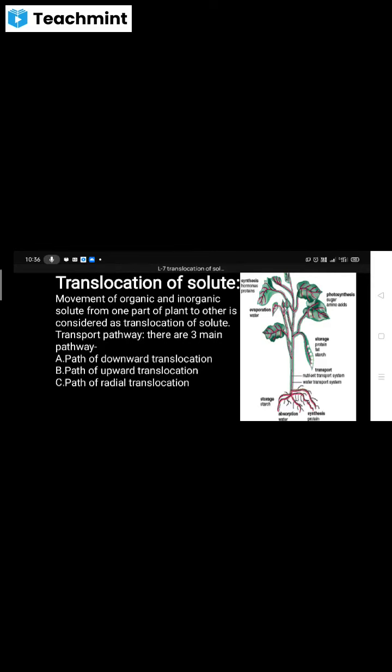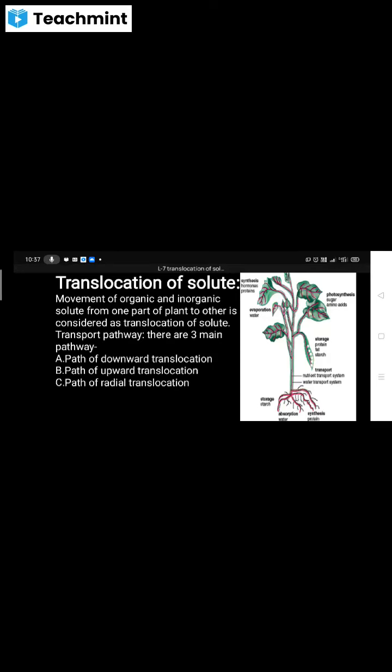Then the next pathway is the path of upward translocation. Upward means from bottom to the top, so from roots to the other plant parts, that is stem, leaves, fruits, flowers, etc. Then the third pathway is the radial translocation.